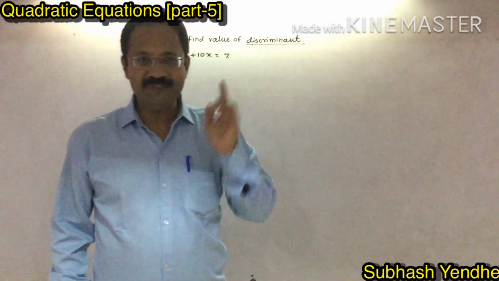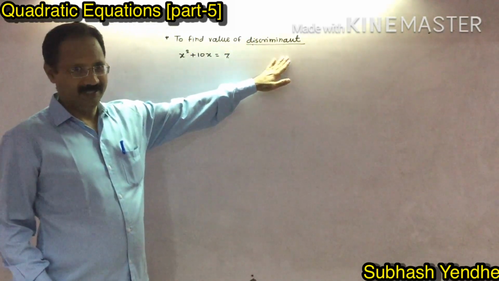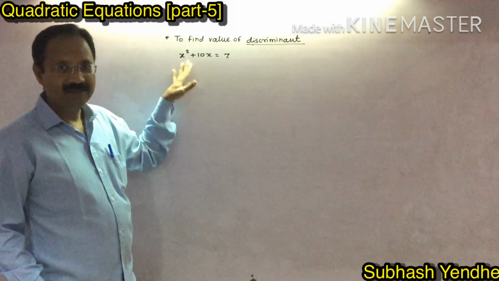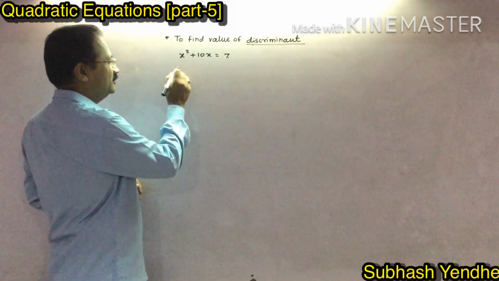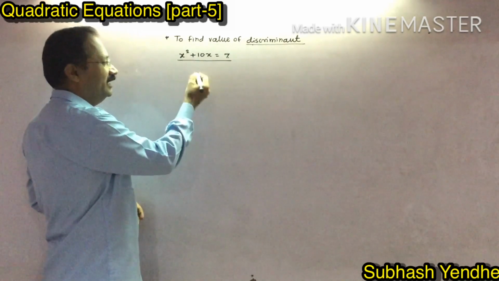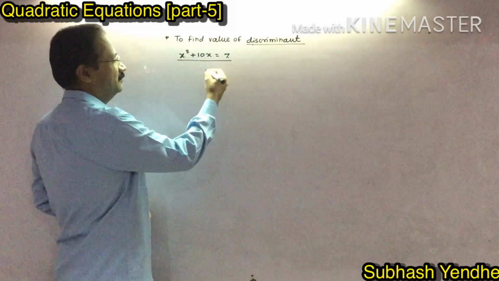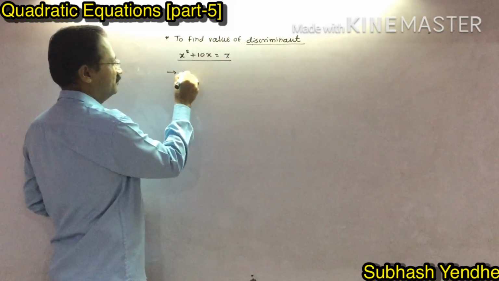Let's see the first example to find the value of discriminant. This is the equation. From that you have to find out the value of discriminant. The first rule, you have to write the equation in the form of ax square plus bx plus c equals to 0. So I am going to write this equation in the form of that.